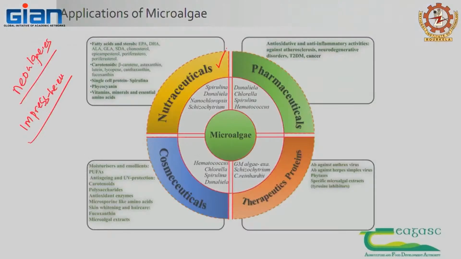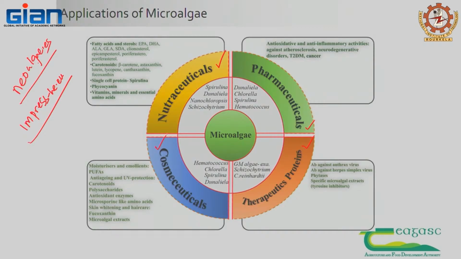Now coming back to this one, nutraceuticals, which is a very fancy topic, some of you are doing a PhD related to that. Pharmaceutical, which is obviously to get pharmaceutical drugs, therapeutic proteins and cosmeceuticals.